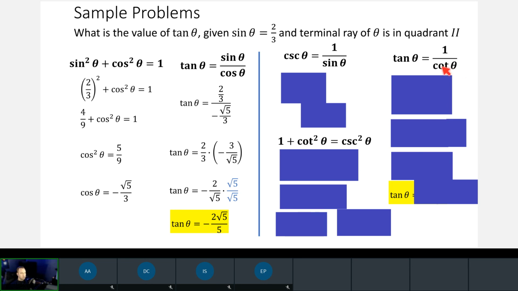But now I need to know what cotangent is, which means we have to use this identity, which has cotangent. But now we need to know what cosecant is, and cosecant is 1 over sine. And we already know what sine is. So you solve this for cosecant, you plug it in, we solve it for cotangent, we plug it in, and then we find tan. Oh boy.